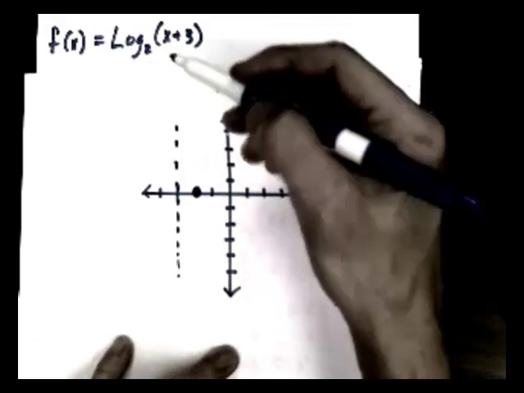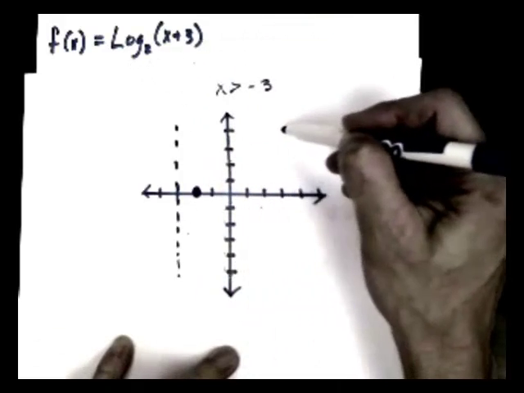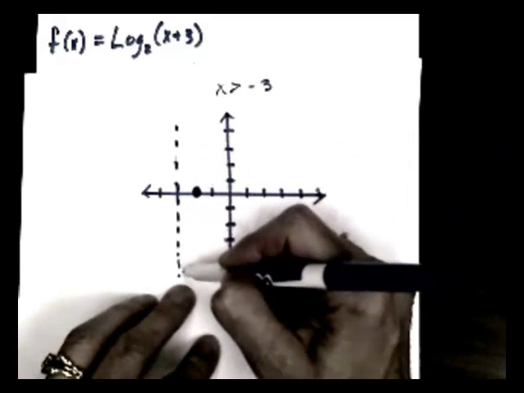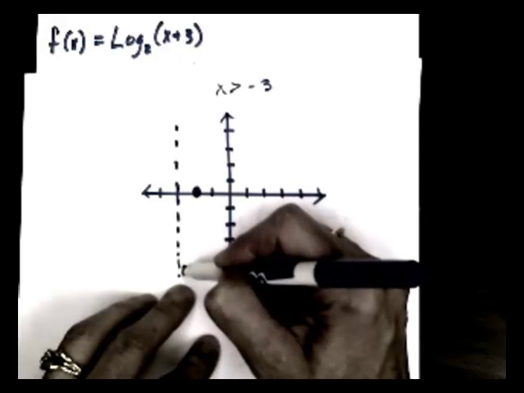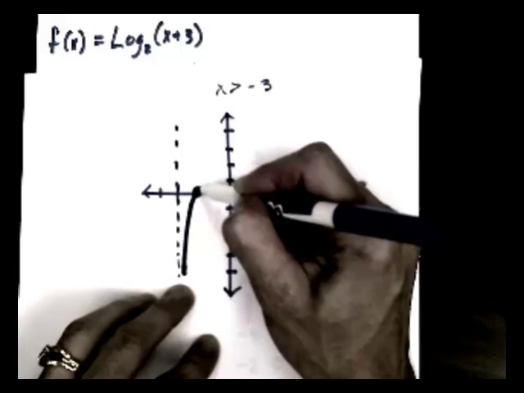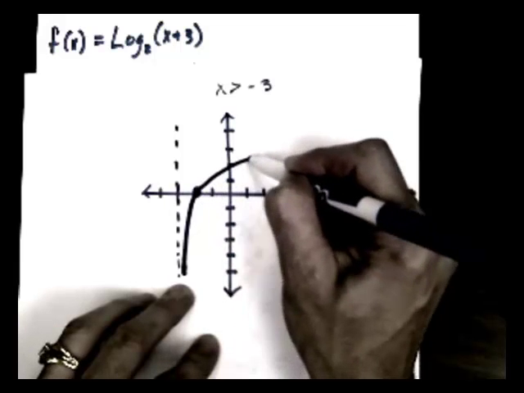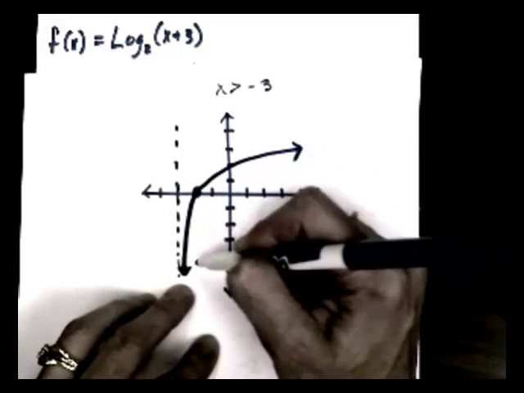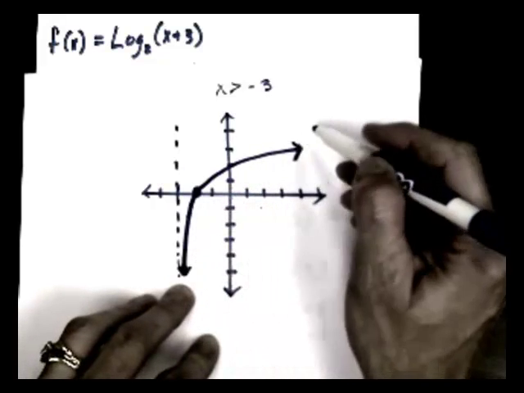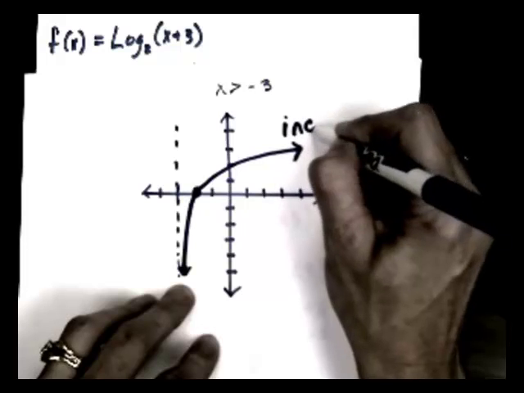So what's going to happen is the curve is going to be increasing. I'm going to start down here by my asymptote and get very close to the asymptote. It's going to curve up, cross the x-axis at where x is negative 2, and continue to go. Now, this is a rough sketch of the graph. It curves up, it's increasing from left to right.